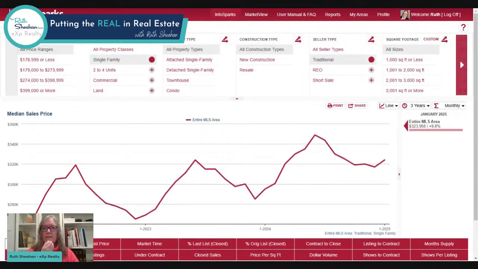We also looked, as I was talking to the public on the other broadcast, at sales price. And again, people think my neighbor sold their house for this much, so I can sell mine for that much or more. Well, that might be true if you're selling in June, but it's not going to work in December, right? So I think it's really important as realtors that we help people understand how the market moves.